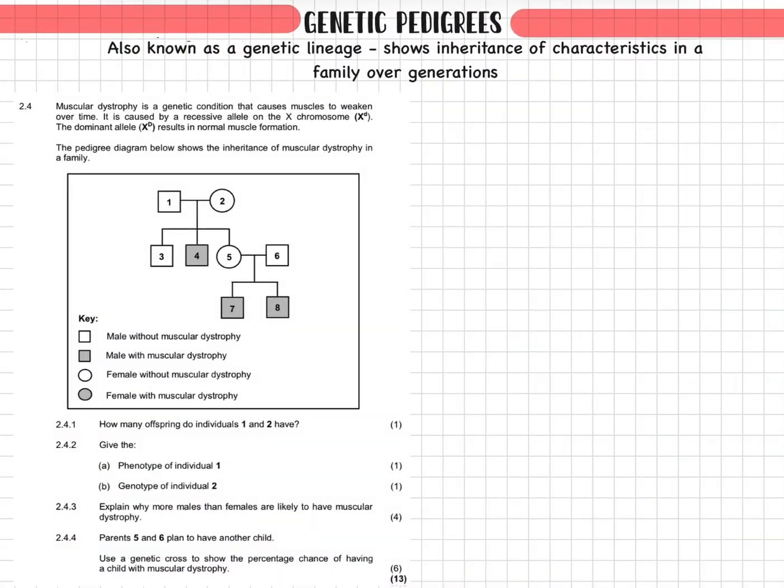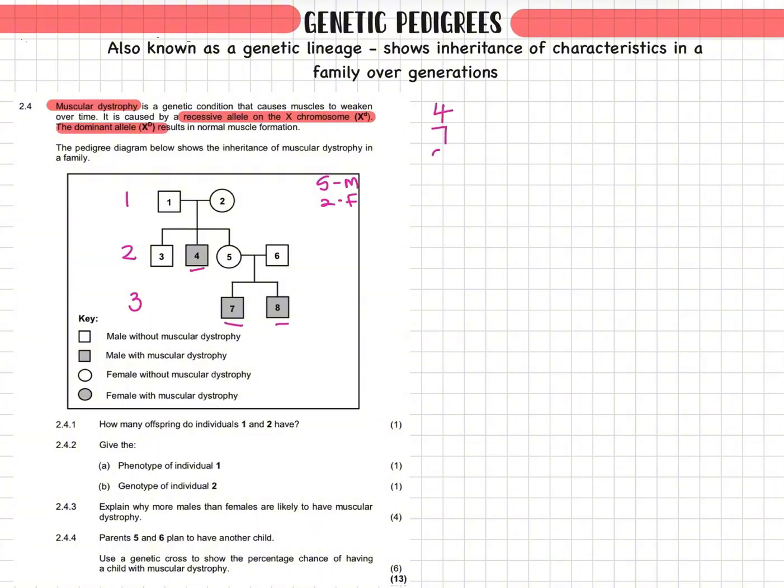The last question is about muscular dystrophy, which is controlled by a recessive allele, while normal would be the dominant allele. In this family, there are 3 generations. We have only males, 5, and 2 females.